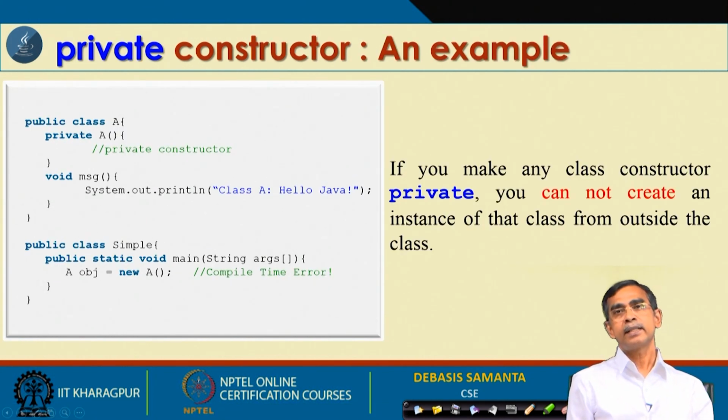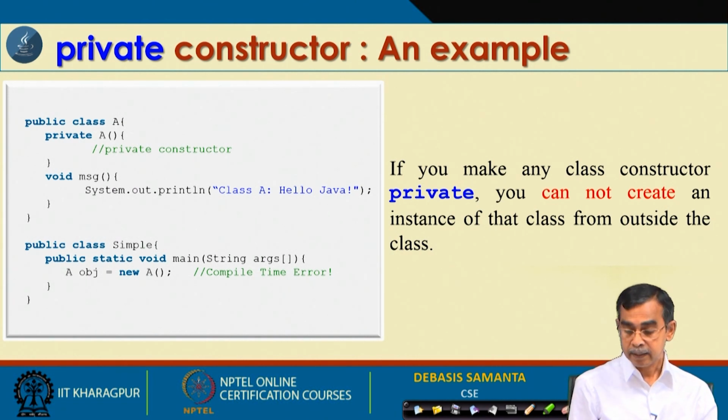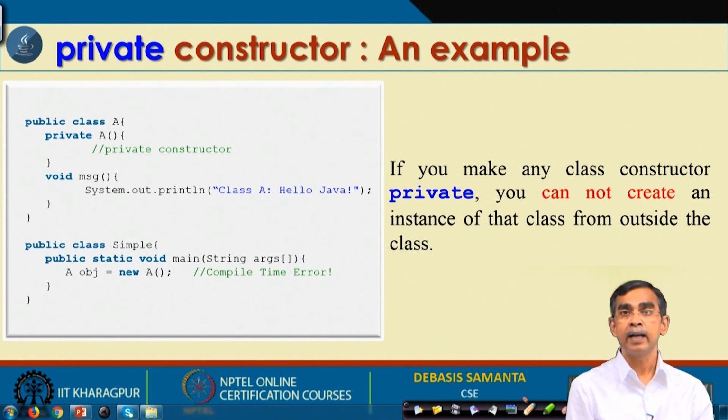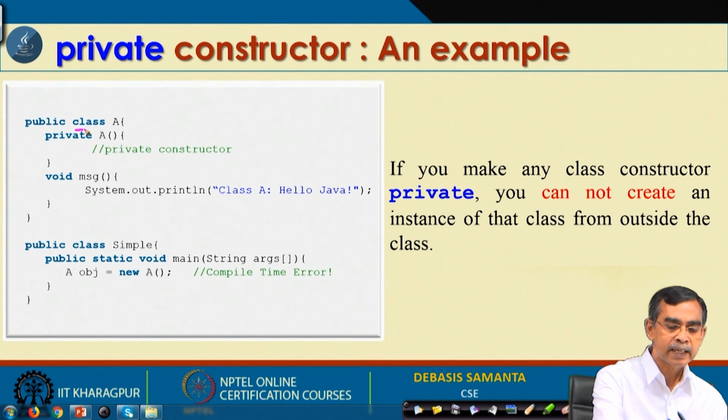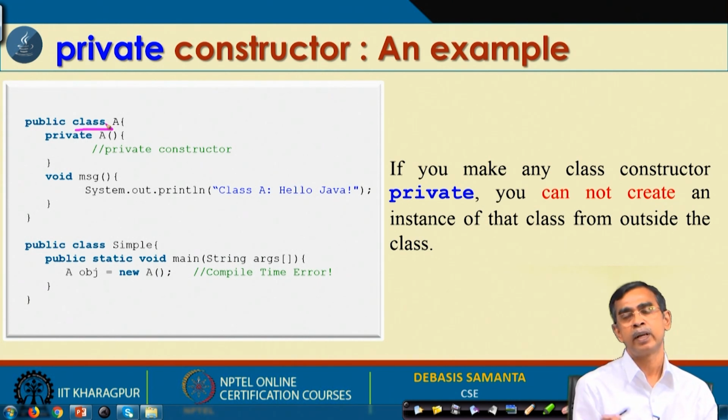Now, let us look at another aspect of private, the constructor. What will happen if we declare a constructor as private? In this case, you see this class is declared as public, so anybody should be able to access this class, that means create an object of this class.